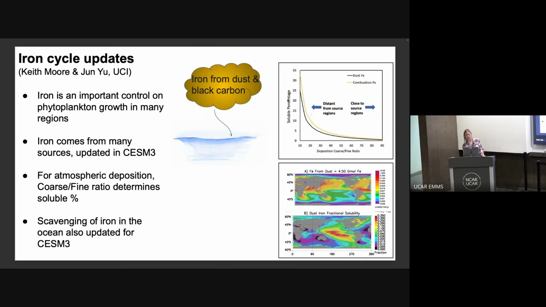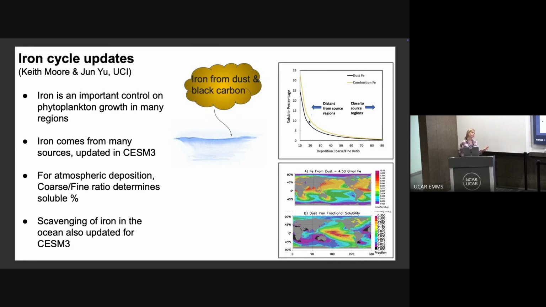And so on this top plot, we have soluble percentage, so how much of that iron can actually dissolve into the ocean. And this is a function of the coarse to fine dust or black carbon ratio. And so as you are really close to source regions, there's a high coarse to fine ratio. Somewhere like that would be just the dust coming off the Sahara, for example. And not a lot of that is actually very soluble.